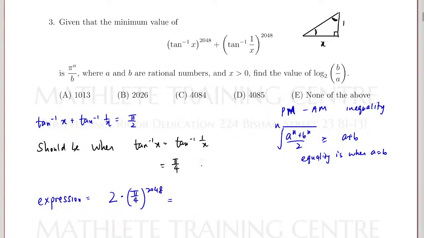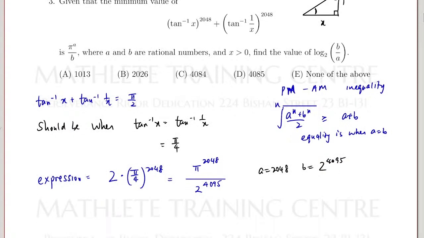If you express it in terms of the result, there's a pi to the 2048, and below there's a 2 to the power of what? I can convert this into 2 squared, right? So 2 squared to the power of this is 2 to the power of 4096. But because there's an additional 2 here, actually it becomes 4095. Right? So A is 2048, B is 2 to the power of 4095.